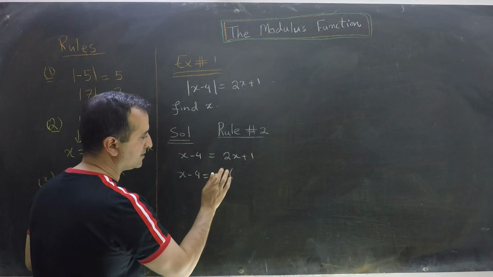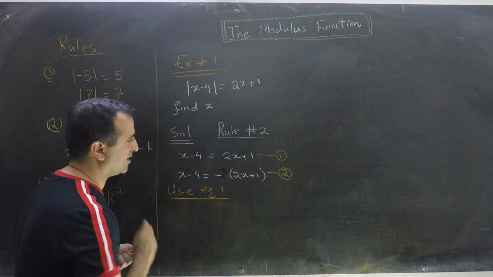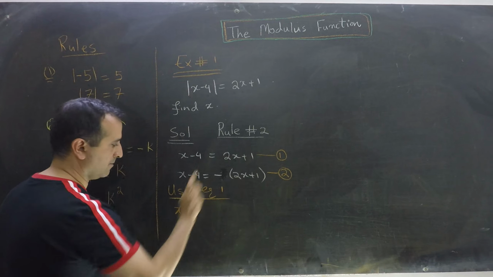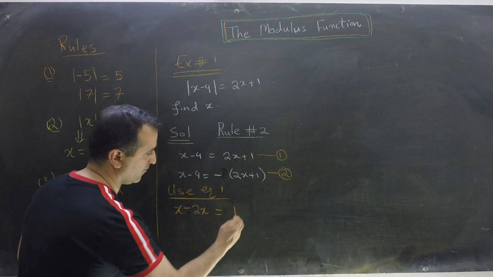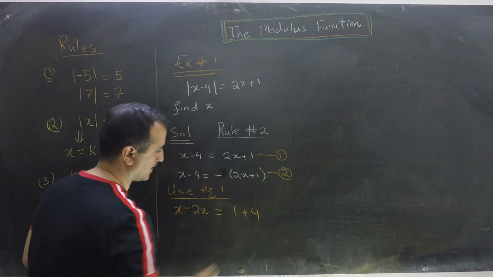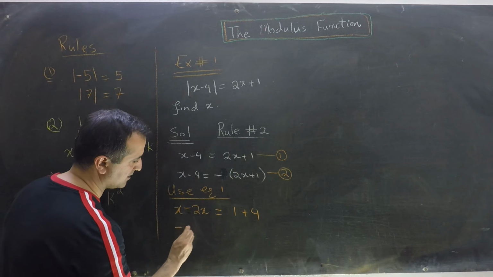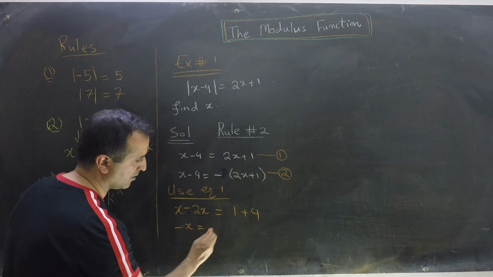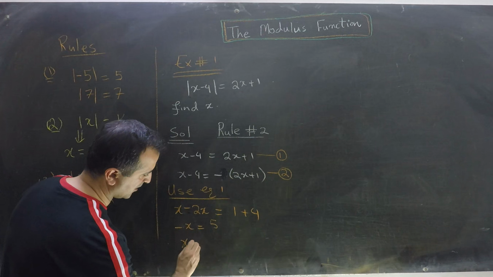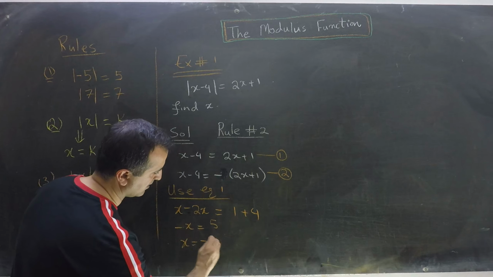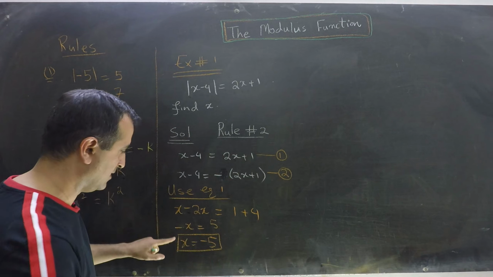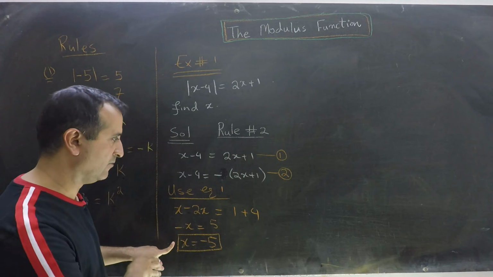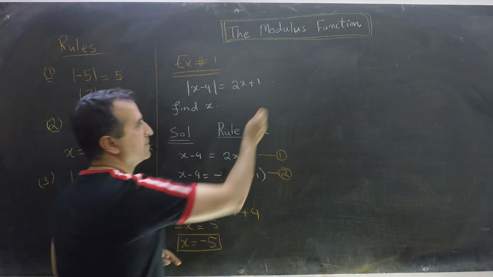So now we use equation 1 to find one value of x. x minus 2x equals 1 plus 4, and minus x is equal to 5, or x is equal to minus 5. This is my one possible value of x, but this might not be the correct answer. We have to verify it in a minute.